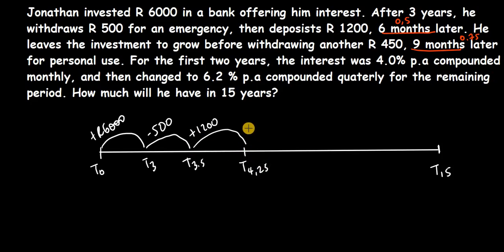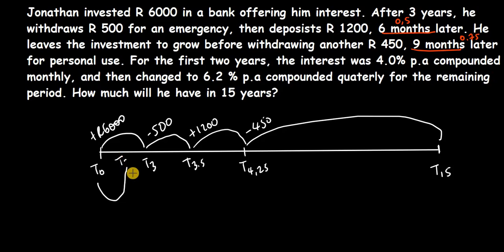What did he do there? He withdrew 450, and then he left it, right? Then they said for 2 years, the interest was how much? 4%.